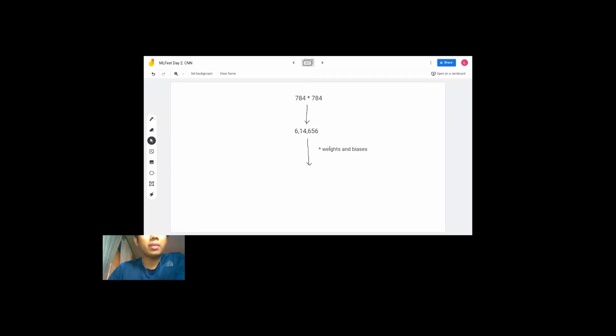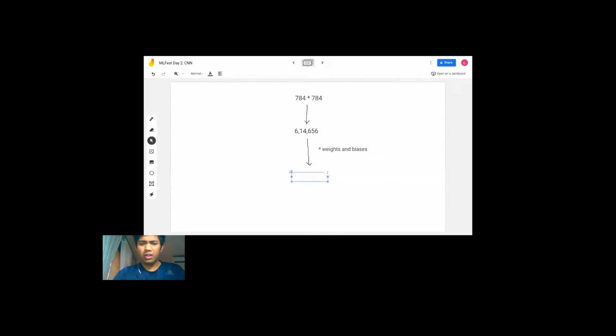And if you decide to take, say, 100 weights and biases and go to the second layer with 6 lakh neurons in the first layer, then you know how much it approximates to.